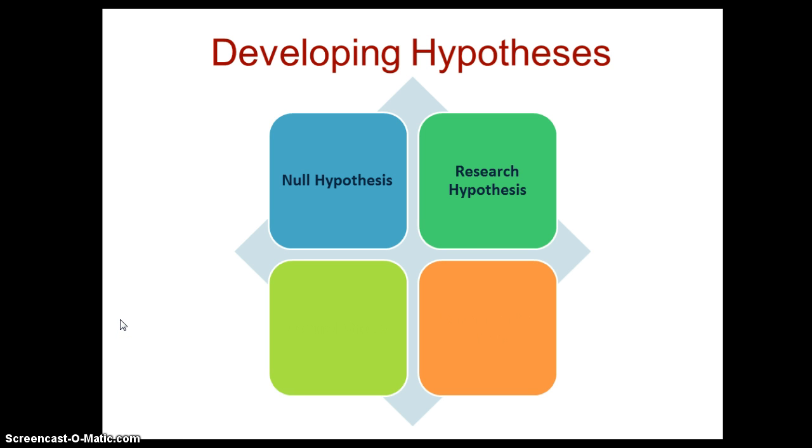So let's say that we have a group of high school students who are being tutored in math, and we want to know whether older adults are more effective than college students at tutoring these high school students in math. So who are they going to be more receptive to?